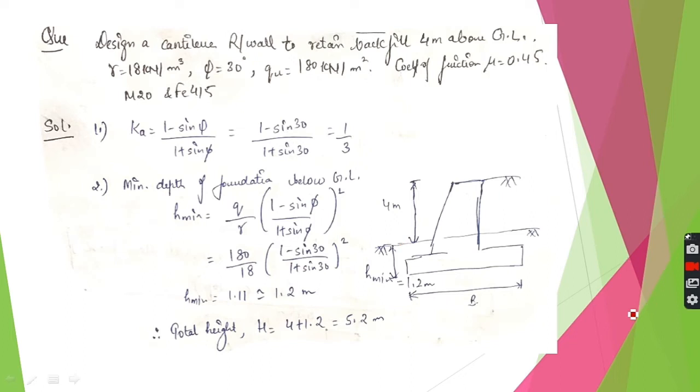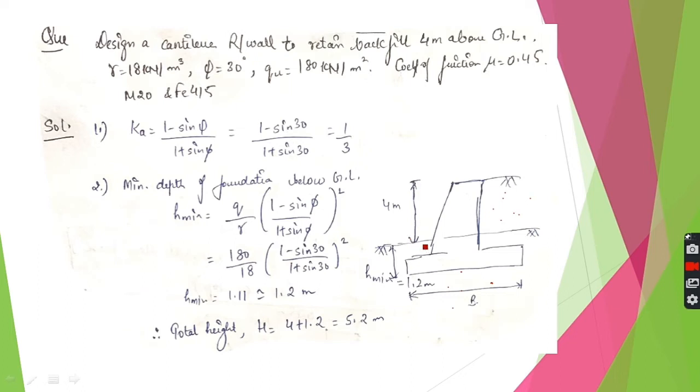So we will do this question exactly as the steps which I explained to you earlier. So first we have been given the soil parameters of this backfill and this soil, and if not given separately, assume that both these soil parameters are same.